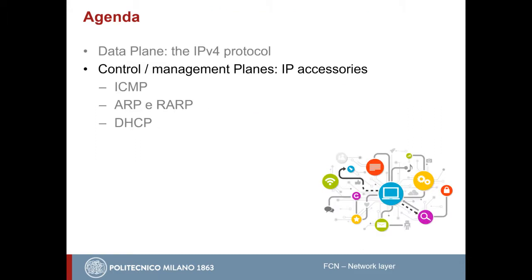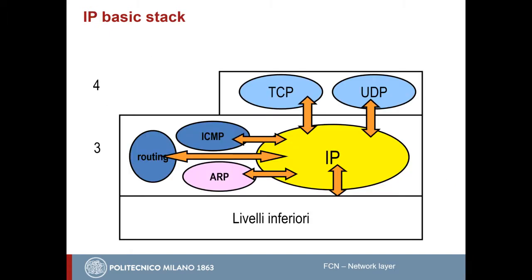So let's now switch to the other protocols that are related to IPv4, or IP in general. These are the protocols, this is the general scheme. So you can see that IP is carrying information coming from layer 4, but it also has to rely on these protocols in order to work.